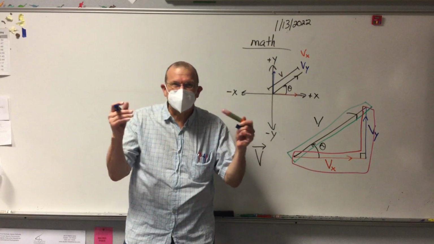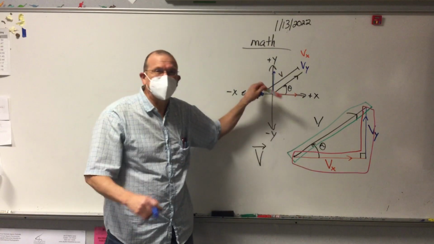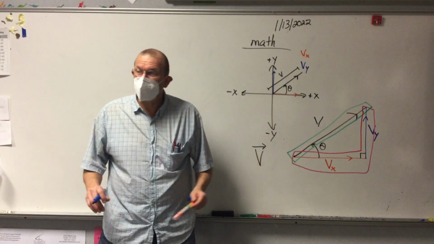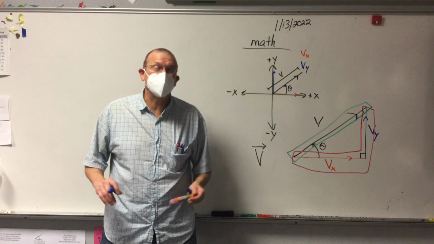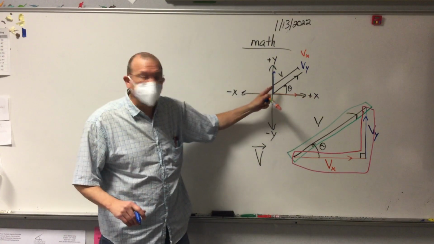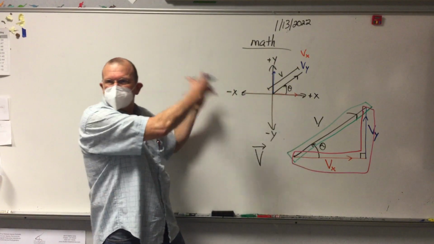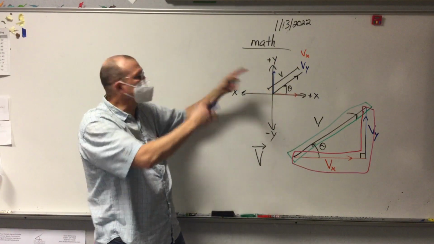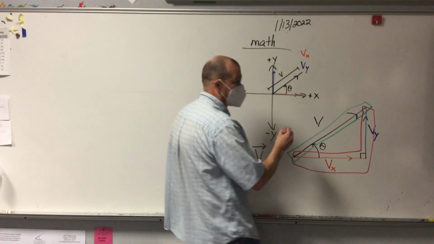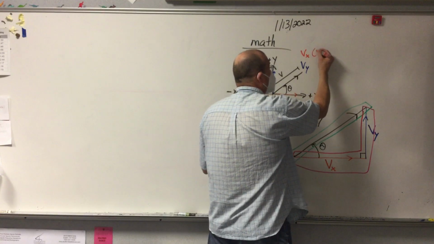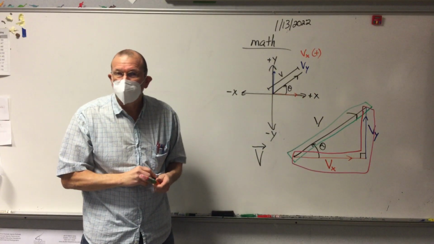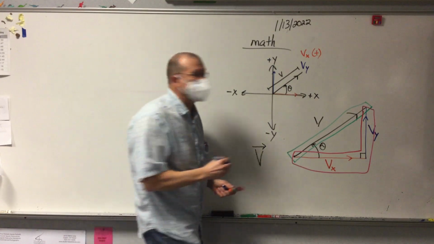This is where I really want you to connect, because you guys have played with this your entire life. Which way from the origin do we have to move horizontally in order to be in the first quadrant? Positive. So that means if we have a first quadrant vector and you do this cosine thing to calculate Vx, what sign should come out on it? Positive. What about the y component? Positive. It should be positive.